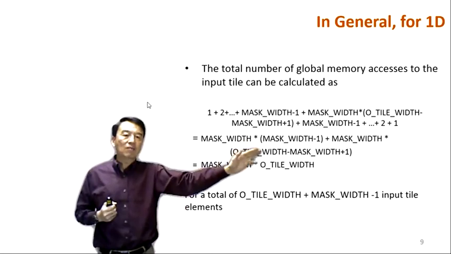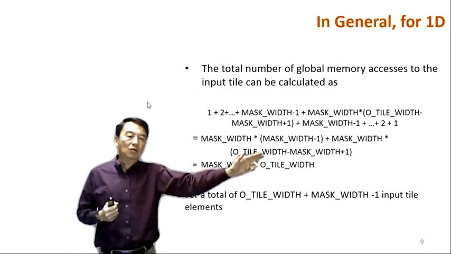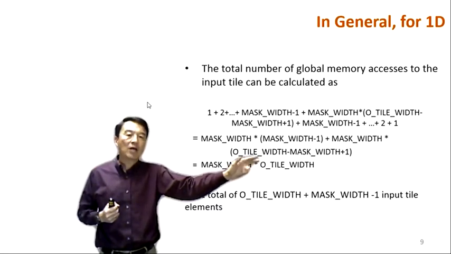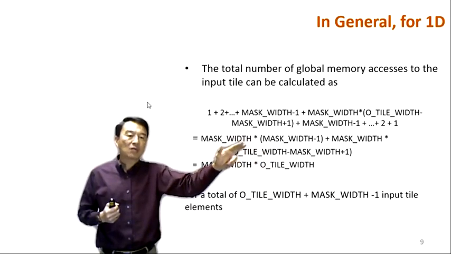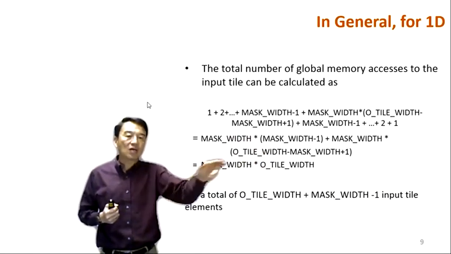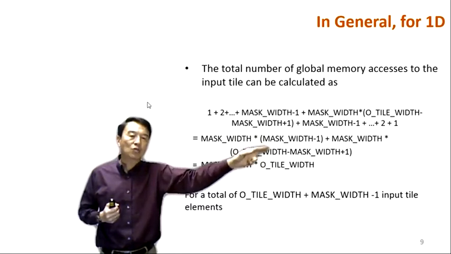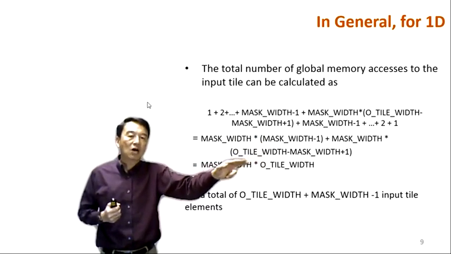Then the middle section remains as the second term, mask width times the output tile width minus mask width plus 1. Now both terms have a common mask width term, so we can factor it out, and then we can add up the other two terms, and this gives us the output tile width.